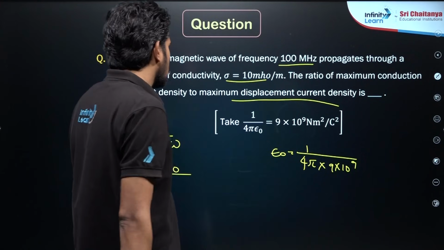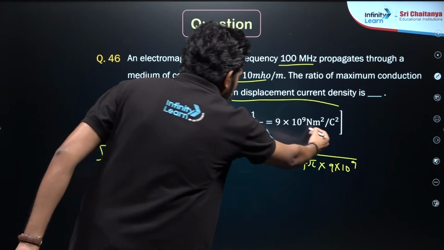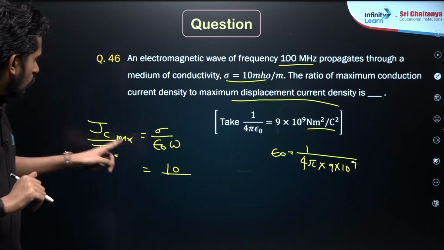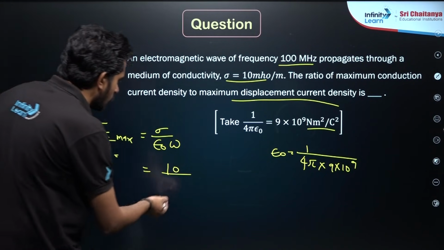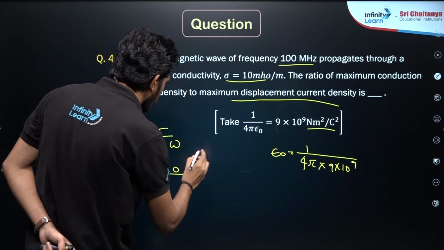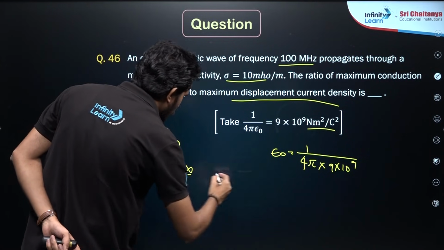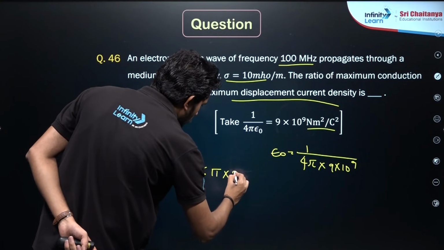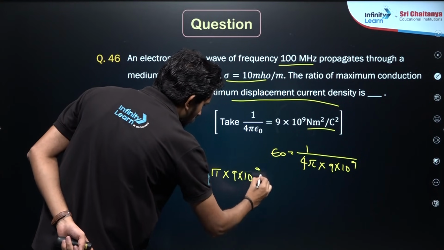Okay. And all the units are in SI. Now put that value here. 9 4s are 36. 36 pi into 9 into 10 raised to 9.